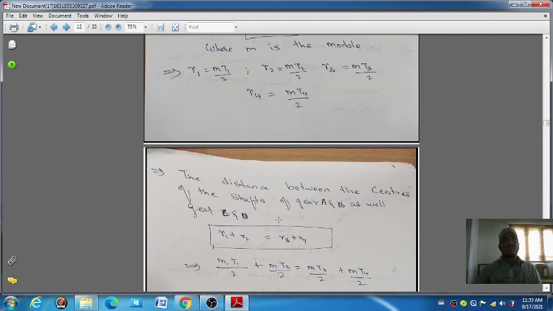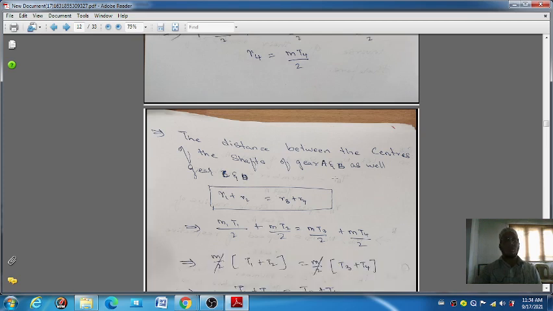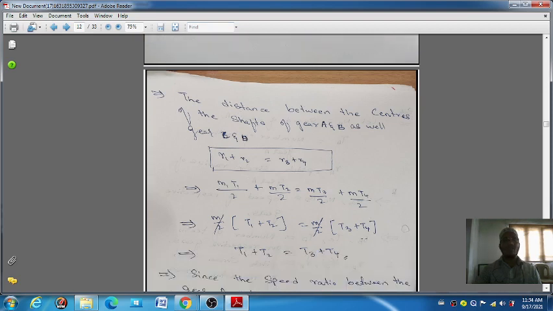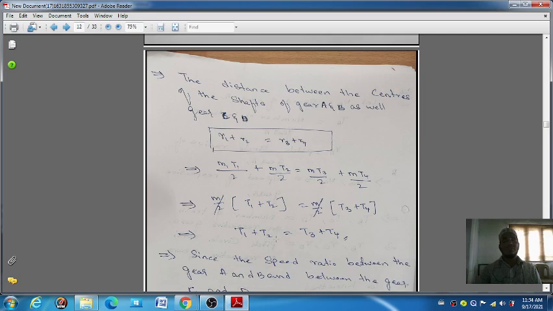You know very well the relation between the radii of the gears: r1 plus r2 is equal to r3 plus r4. Substitute the formulas of r1, r2, r3, r4 and take m by 2 common. Then cancel it, since it is on both sides, and T1 plus T2 is equal to T3 plus T4. Here we get the relation between the numbers of teeth.